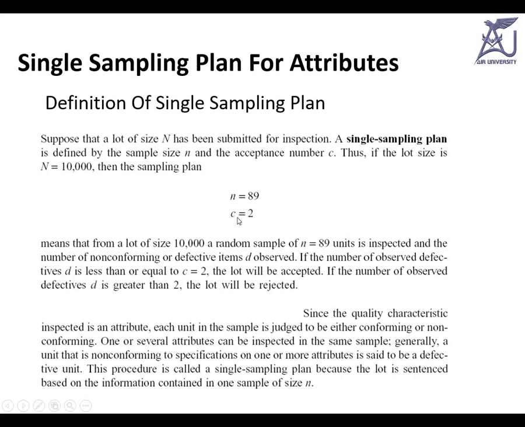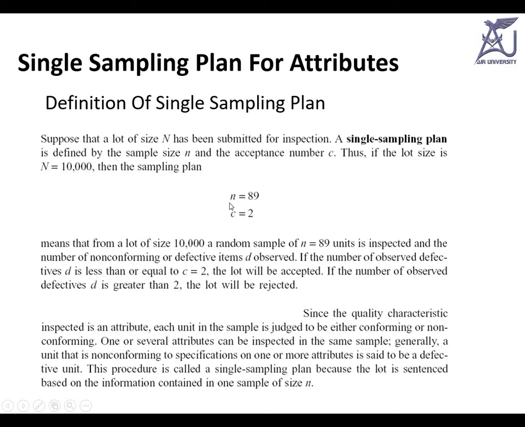This C is, you can say, a cutoff point. That means I will take a sample size equal to 89 out of the whole lot, which has a size of 10,000. I am just taking a sample of 89 based on the single sampling plan, which we will see later on how it is selected. And the C is basically the cutoff point.